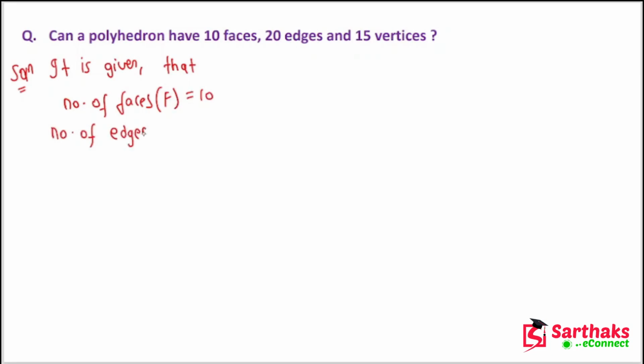Number of edges, which is basically E, is equal to 20, and number of vertices, that is V, is basically 15, right? So number of faces 10, number of edges 20, and number of vertices 15. So you can clearly see that it is given for a polyhedron. Basically it is given for a 3D figure, and it is asking is it a polyhedron.